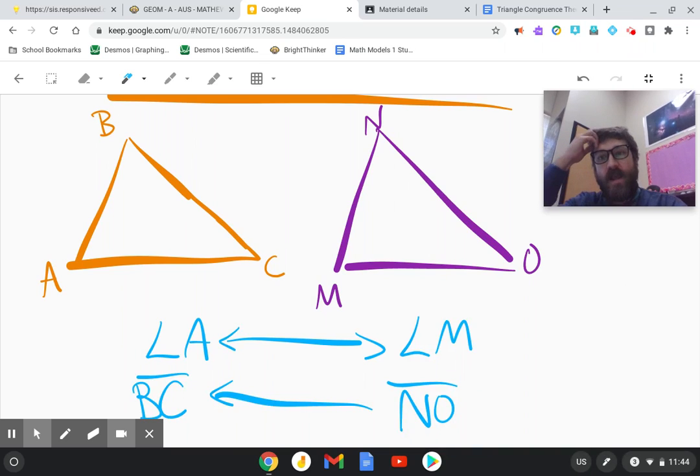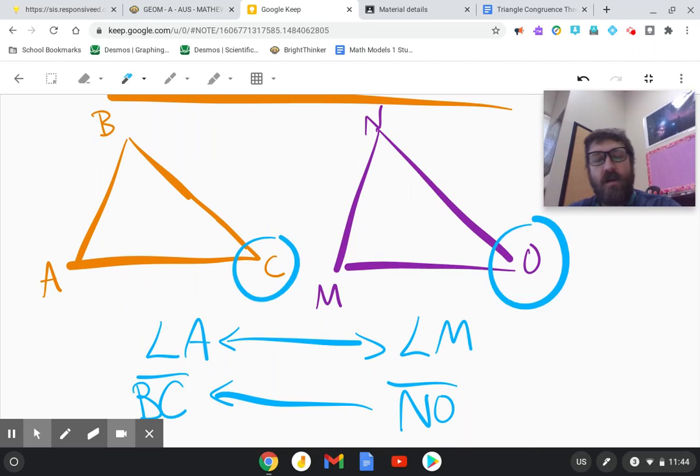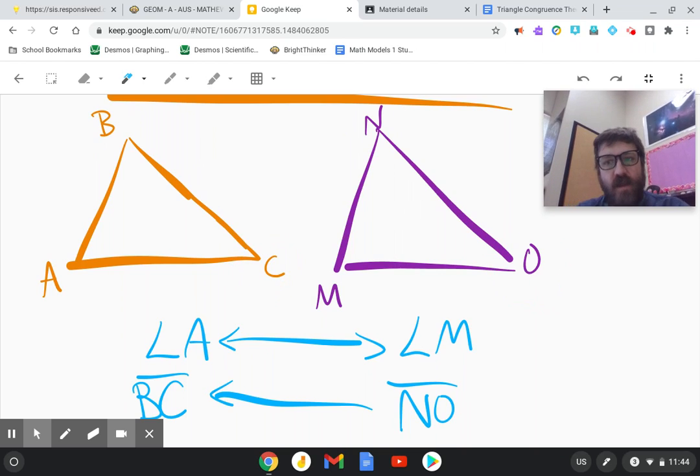And you'll notice that when I named that side BC, I named it in the same order that I named NO. Because B is here and N is here, they came first. And then, of course, because C was here and O was here, they came second. So each letter needs to constantly be paired with its twin from the other triangle. So this is what we mean when we say corresponding parts.